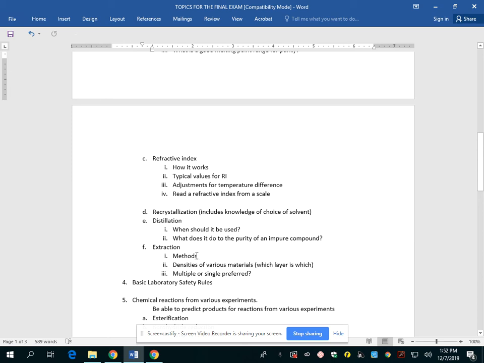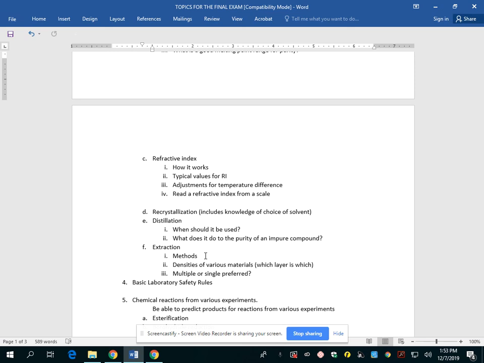Extraction. Remember that in extraction, you have to have two materials that don't dissolve in each other, so that you can have two layers, and then you can remove a chemical from one layer and put it into another layer. Remember some of our common materials.